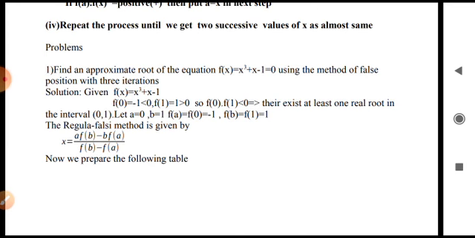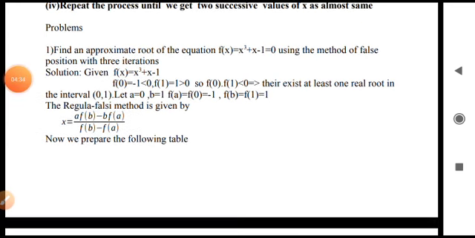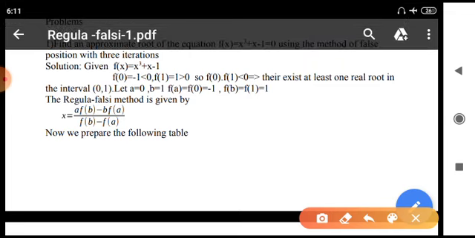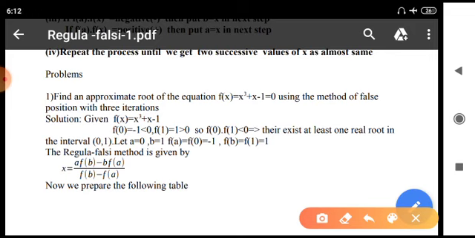Now the first problem. Find an approximate root of the equation f of x equal to x cube plus x minus 1 equal to 0 using the method of false position with 3 iterations or approximations.